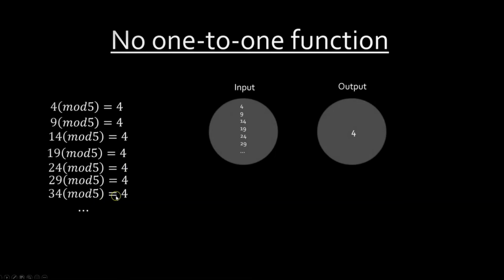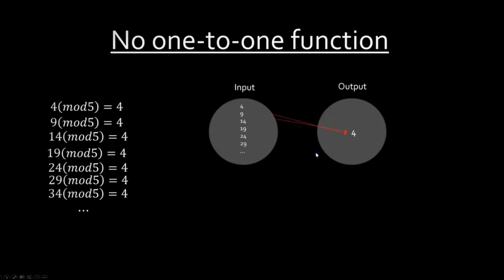And there's another way to look at it, and we can consider it like this. We have an input of 4, 9, 14, 19, 24, 29, and so on. We perform mod 5 on all of these, and the output will be 4. And this is a valid function because each input has a single output.